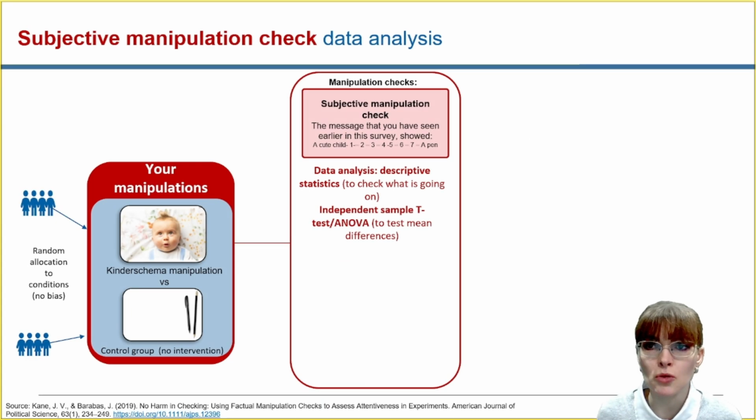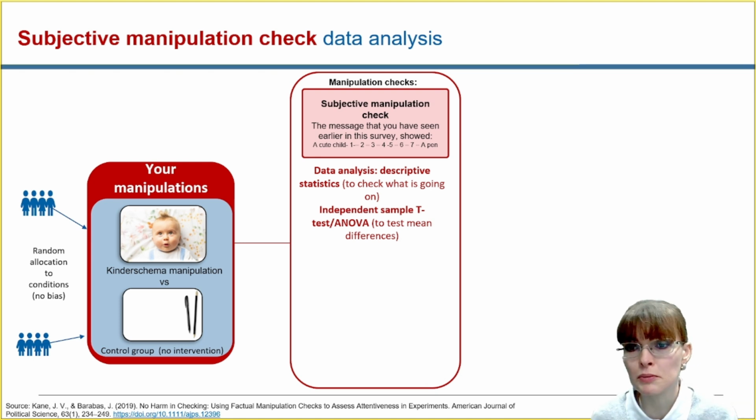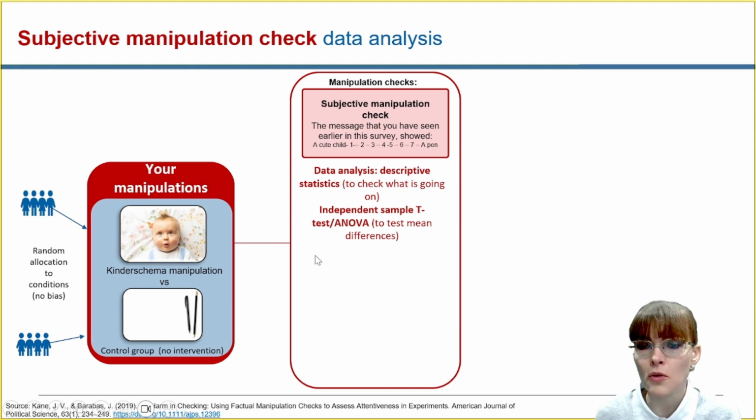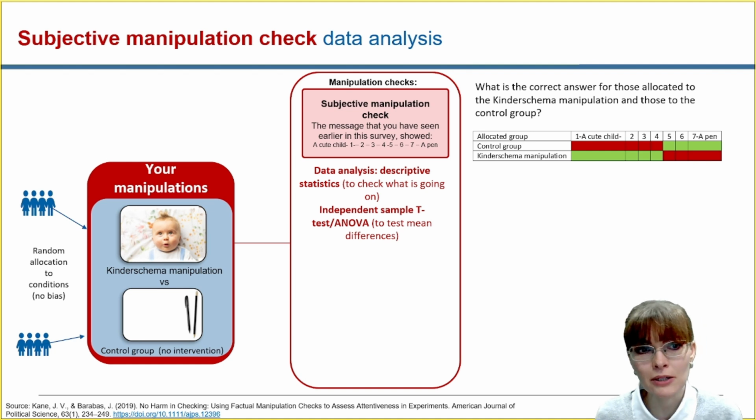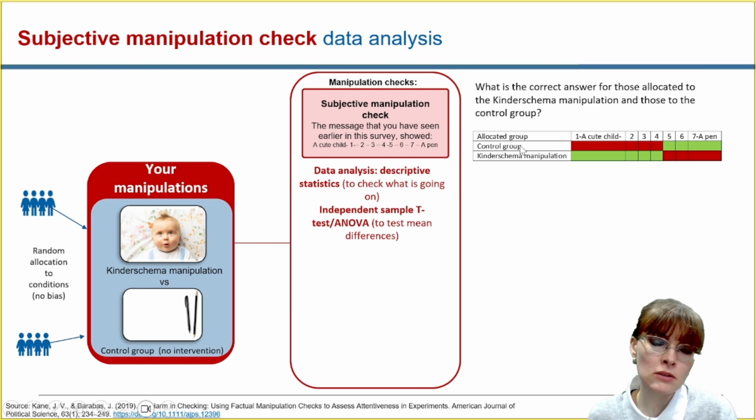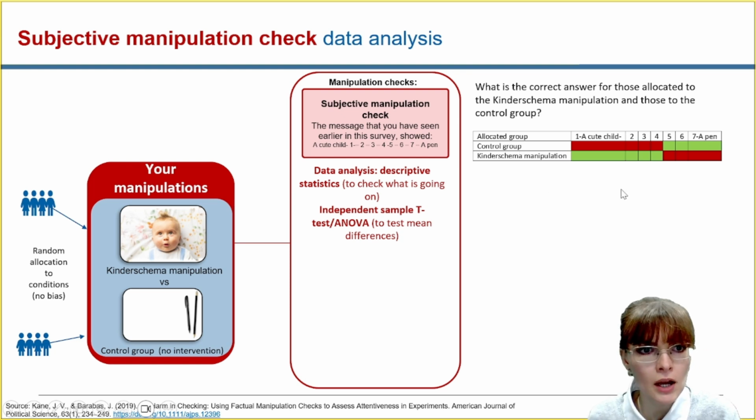For the analysis of subjective manipulation checks, which actually involve a bit of a rating scale, you would use independent sample t-test if you have two groups, which I do have in my case, as you can see on the screen, or you would use ANOVA if you have more than two groups to test the mean differences. Here again, as a researcher, you need to determine what is the correct or expected answer for your respondents to pick depending on the group that they were allocated to.